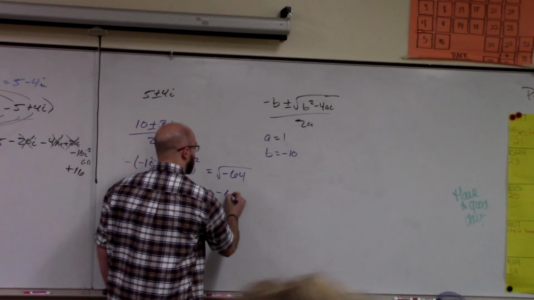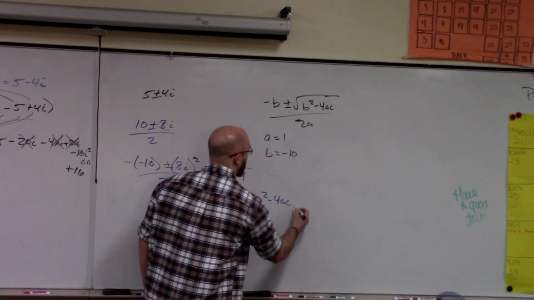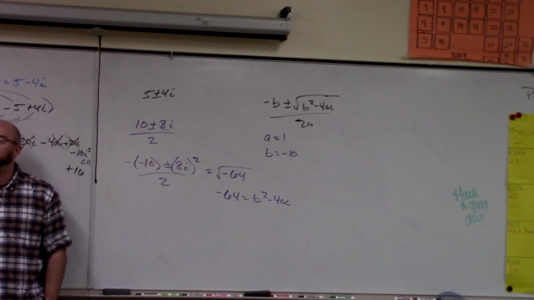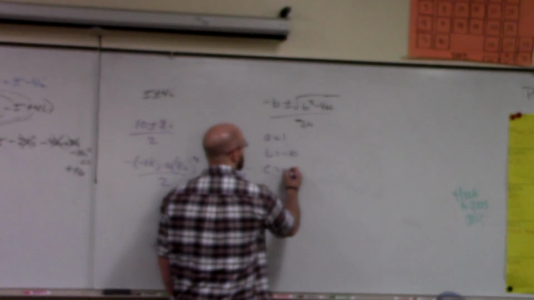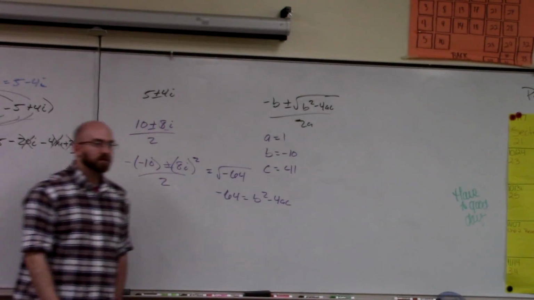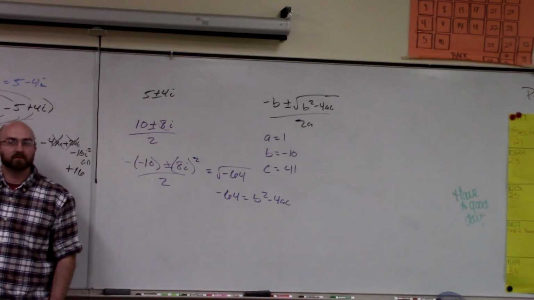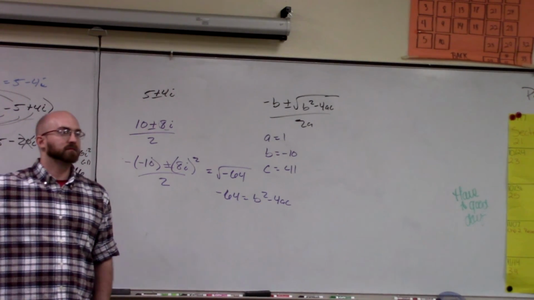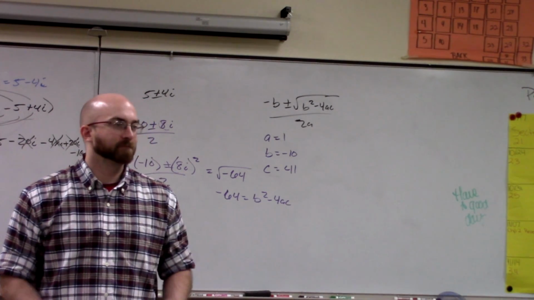So negative 64 equals b squared minus 4ac. You plug in your b and your a and you solve for c. So if you were to do that, you'll see that c equals 41, which is the same thing as over here. So then, when the leading coefficient is negative 1, or has the leading coefficient of 1, when you're doing the first way, does that affect anything? So you just solve it.